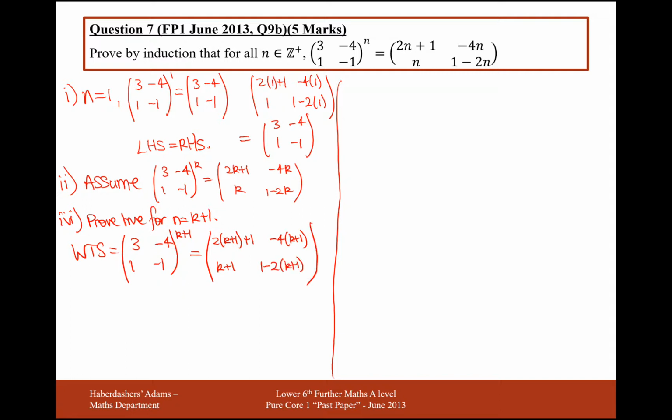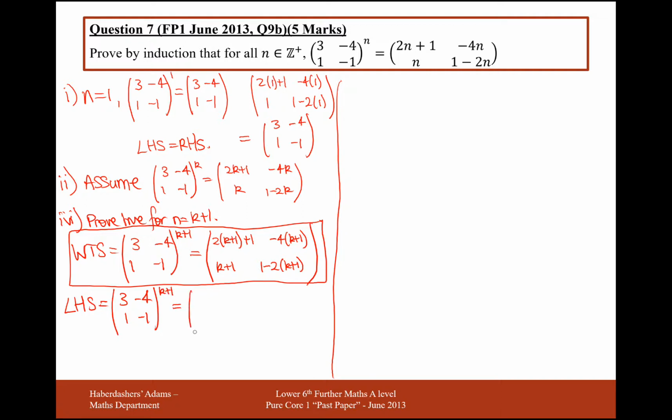So that's what we're going to want to show. This is our target. So we'll start with the left hand side and work our way over to the right hand side. So left hand side equals (3, -4; 1, -1) to the power of k plus 1.